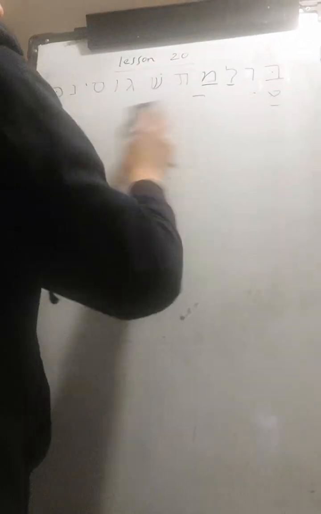Okay, so we're going to do a quick test to finish. I want you to write the Hebrew consonant next to each English consonant. So let's have a look. The first one, no sound.